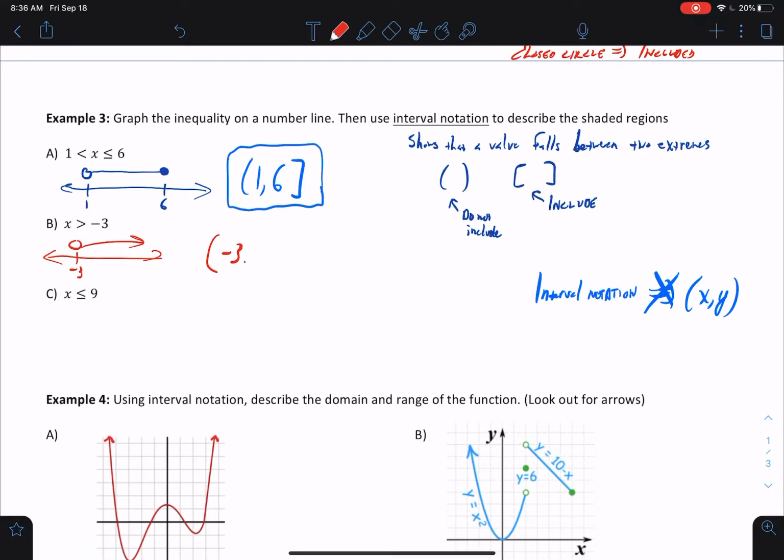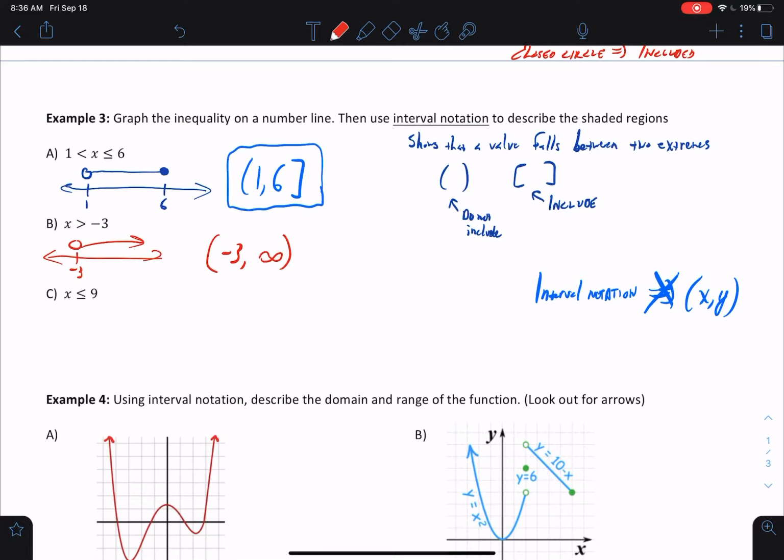The maximum is infinity, which looks like a sideways 8. I never include brackets on infinity, since infinity is not a number, it's a concept. So -3 to infinity, anything in between those two values represents a solution here.